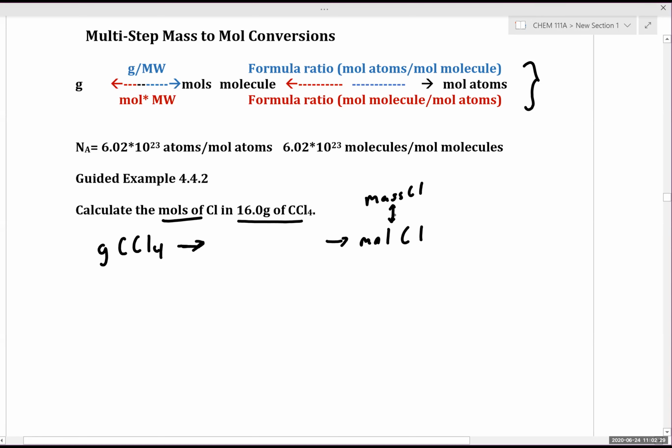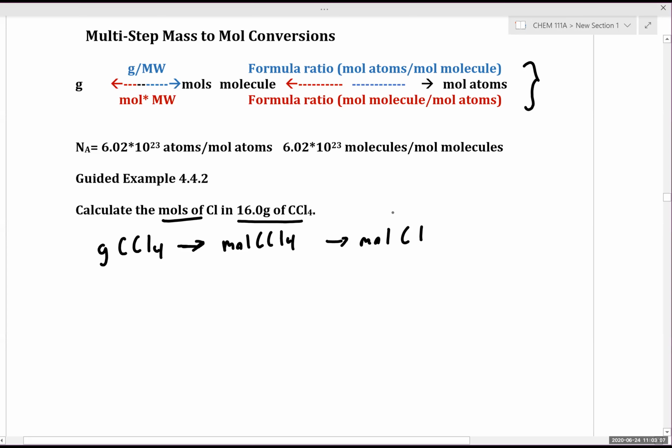That is a possibility, but we don't have the mass of chlorine given, so that's a little tricky. If we have the grams of carbon tetrachloride, what can we calculate almost immediately? We can use the molar mass and we can calculate the moles of carbon tetrachloride.